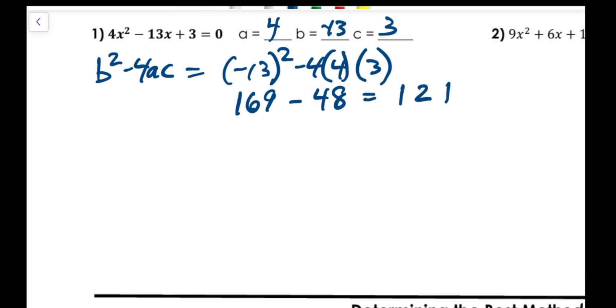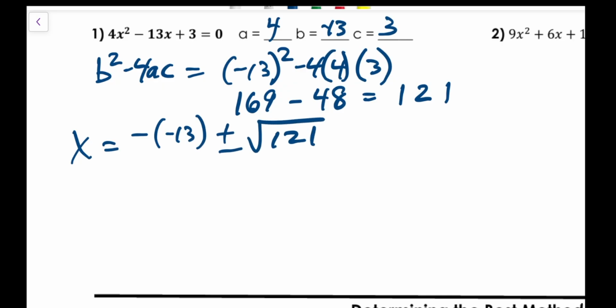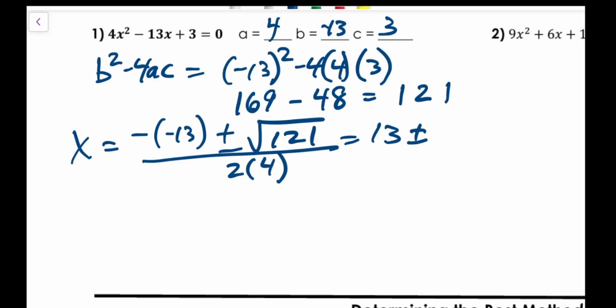So let's do the quadratic formula. So x equals negative b plus or minus the square root of b squared minus 4ac, which we already found, all over 2a. So we got 13 plus or minus 11 over 8.